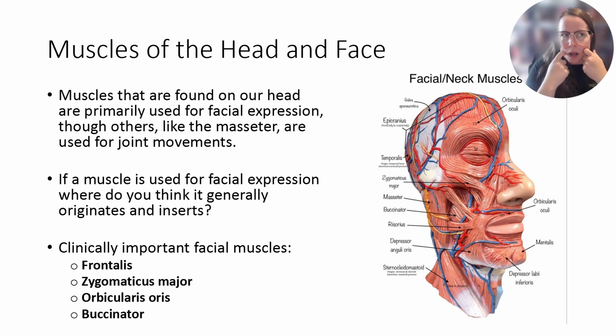And again, if you have a neurological deficit and you're unable to move your tongue properly, you may not be able to get those food pockets out. So the buccinator is really important for chewing your food. If we lose any ability to have that muscle function, we're going to have some problems.